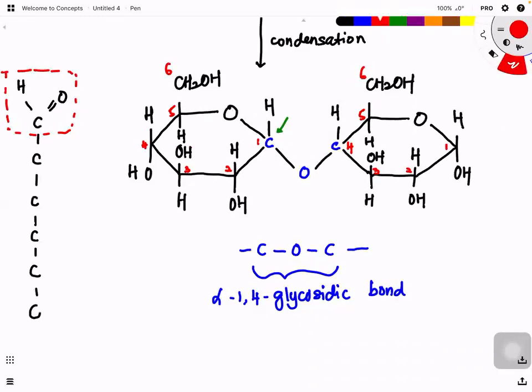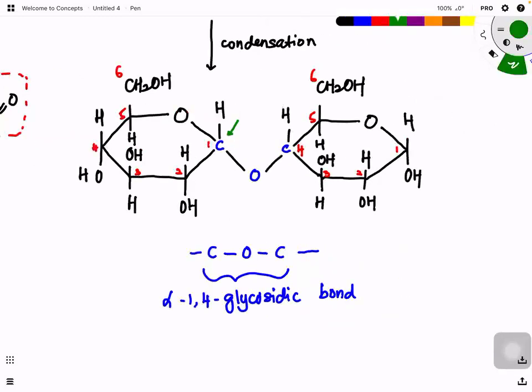But too bad for the first alpha glucose here, carbon number 1 is used to form the glycosidic bond. But the good thing here is we still have a spare one, carbon number 1. So this carbon number 1 can return to the linear form and then give the reducing property. So how does it look in the aqueous form?